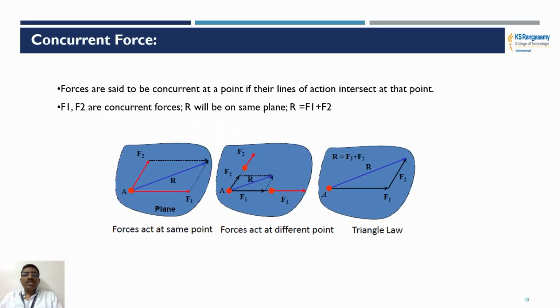Similarly, if the forces act at different points, you can see F1 and F2 acting at different points, where the resultant force can be found with the equations of the triangle law, R equal to F1 and F2. In the third figure, the forces F1 and F2 are acting in different directions, and the resultant force R is F1 plus F2, which is also called the triangle law of force.